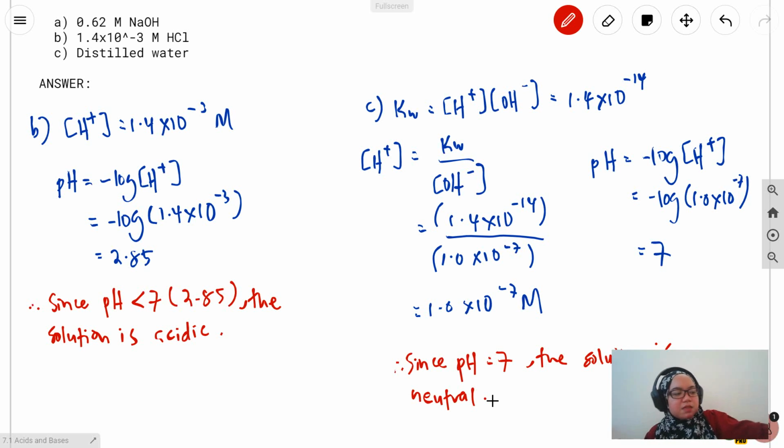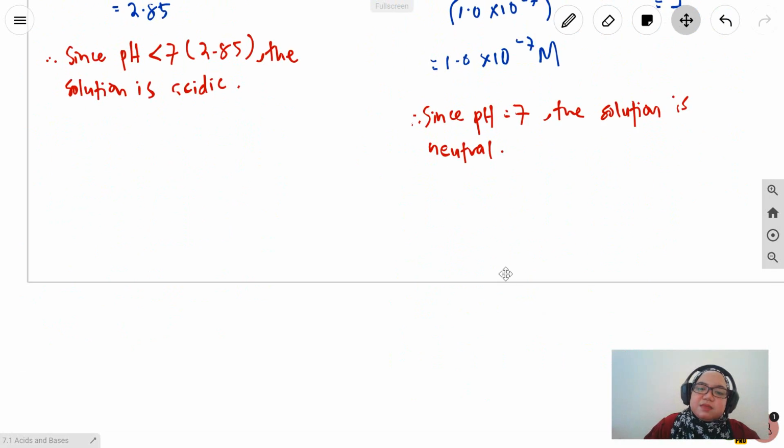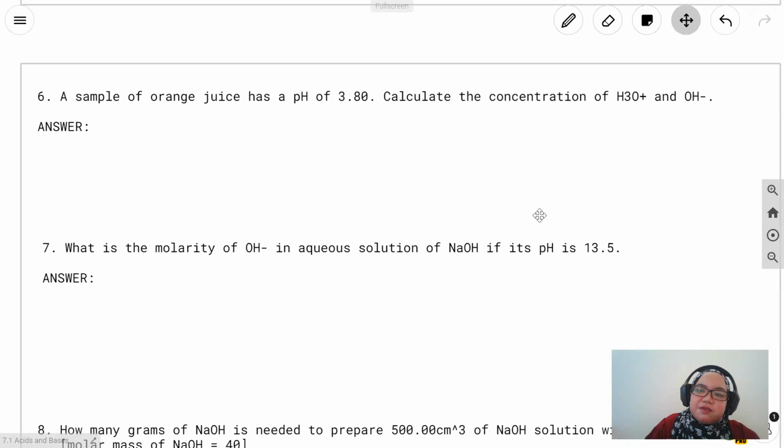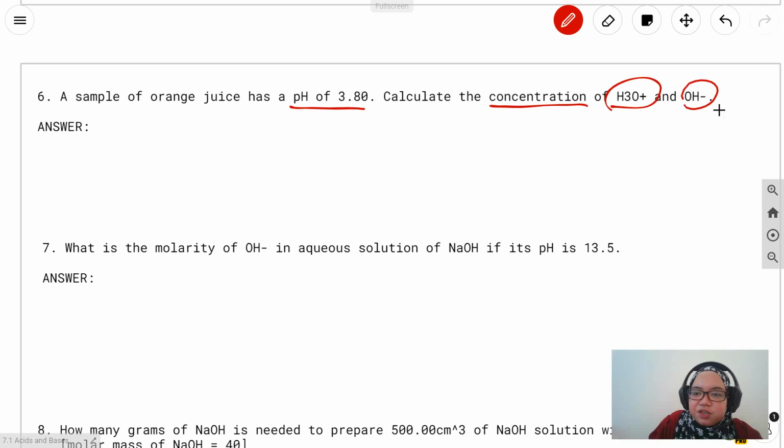Okay. So now we look at question number 6. For question number 6, we have a sample of orange juice with a pH of 3.8. Calculate the concentration of H3O plus and OH minus.